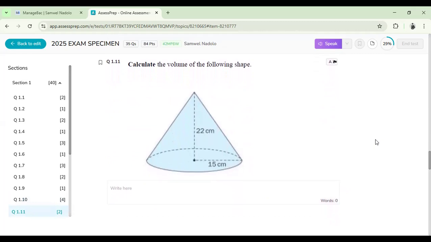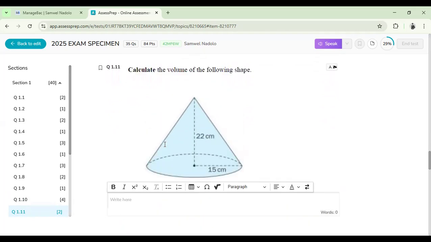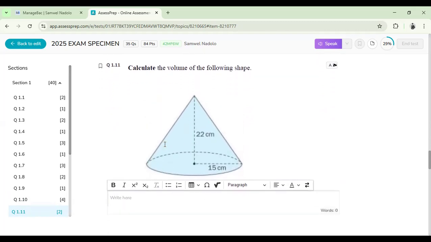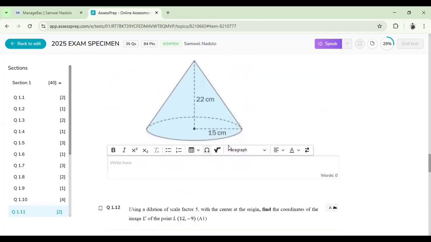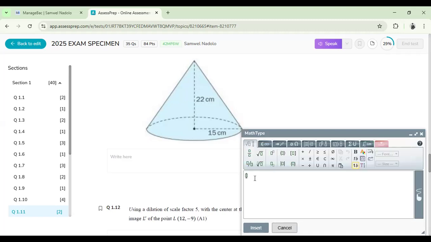Calculate the volume of the following shape. So this is the topic of 2D and 3D, and you will have the formula for this. So we are going to calculate the volume. Your work is to just know the formula, which will be given.